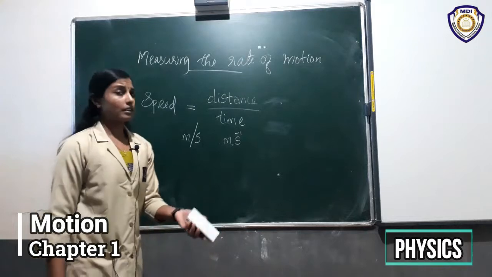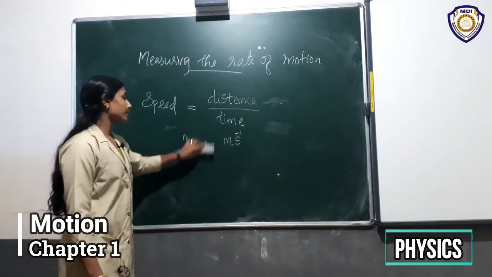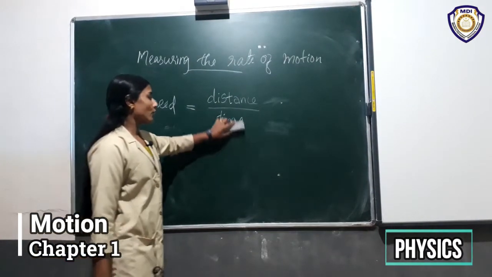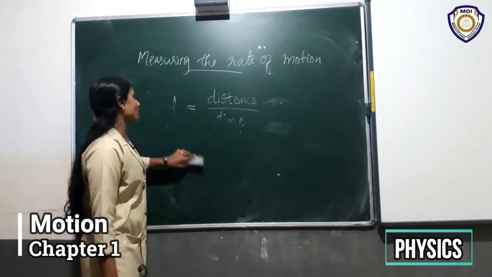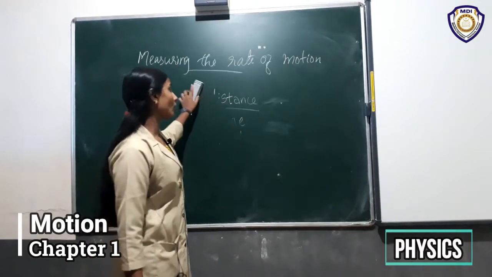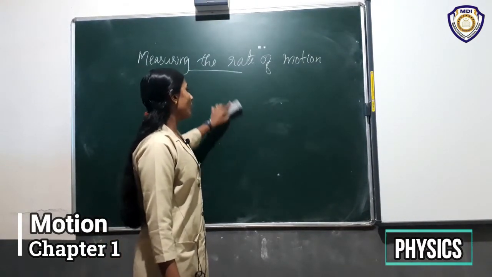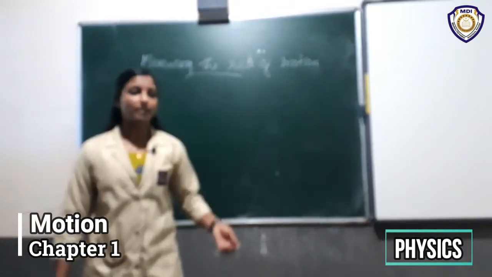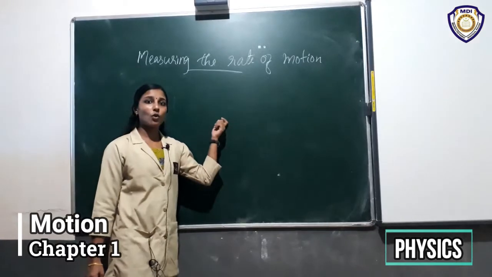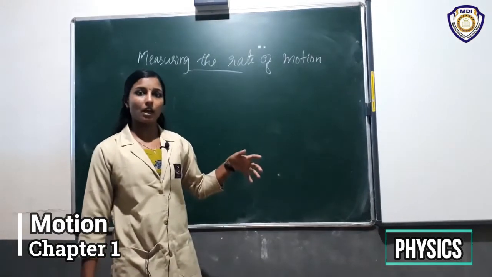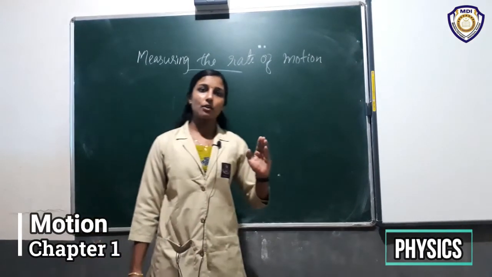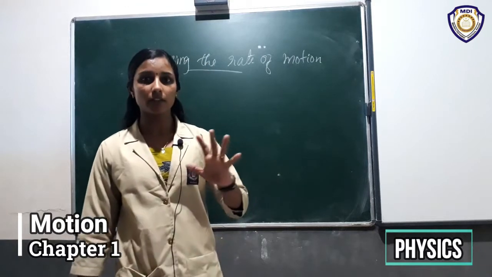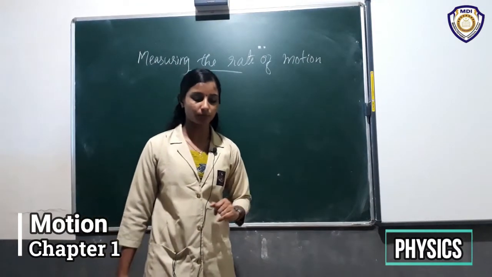We discussed in the previous class that there are uniform and non-uniform motions. Most of the motions are non-uniform motion. So while we are considering non-uniform motion, we cannot say just speed. We can only say the average speed of a non-uniformly moving vehicle or an object, right?